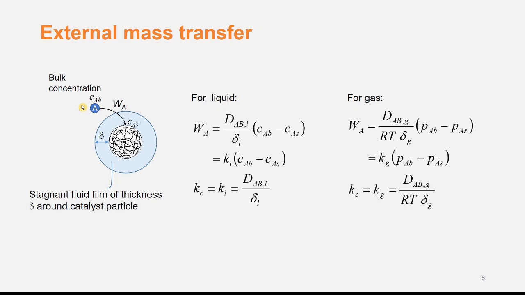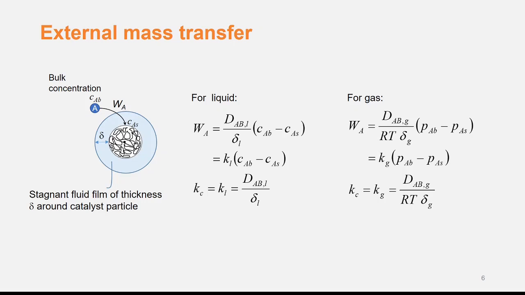By external mass transfer, we mean the transport of reactants from the bulk fluid phase to the surface of the catalyst pellet. Also the transport of products from the surface into the bulk. You should remember this from your previous modules on mass transport.